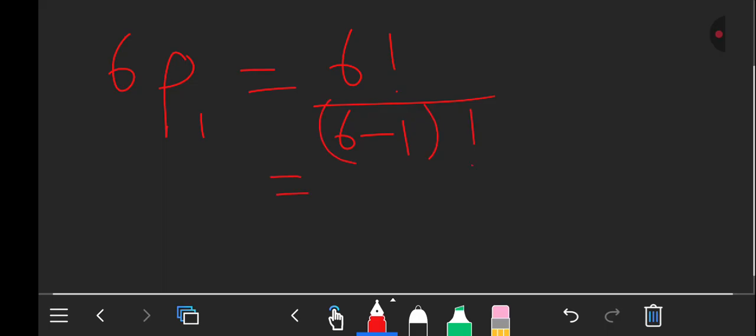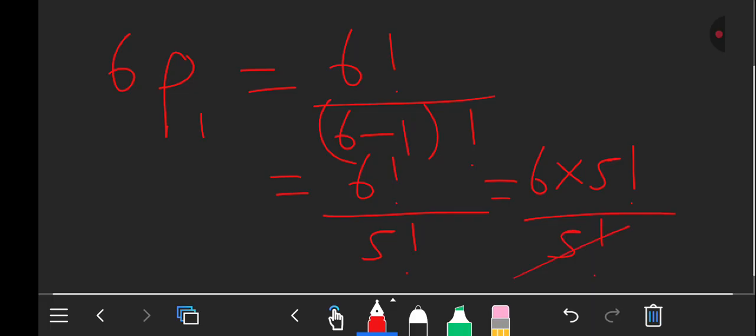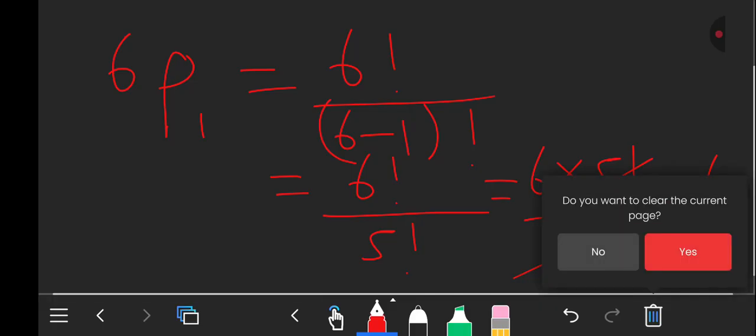So this will be equal to 6 factorial over 6 minus 1, that is 5, so 5 factorial. I can evaluate this as 6 multiplied by 5 factorial over 5 factorial. The 5 factorial cancels out with 5 factorial and we remain with 6, because 5 factorial divided by 5 factorial is just 1. 1 times 6 is just 6. So that is how we can evaluate that.